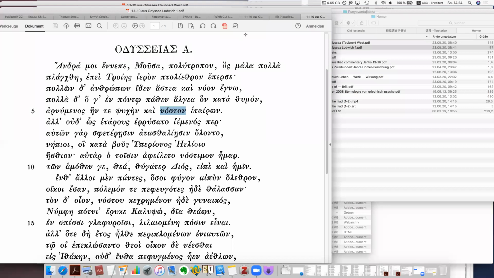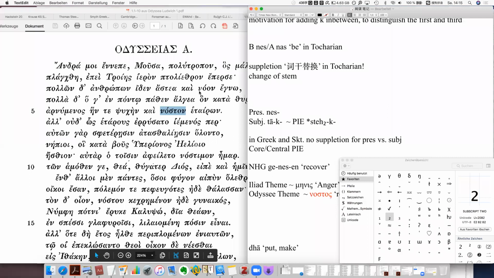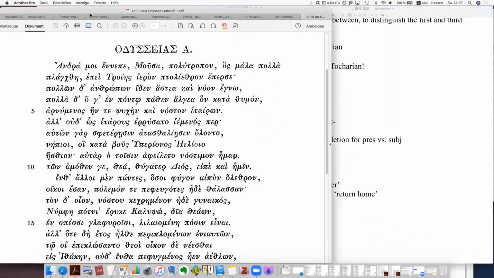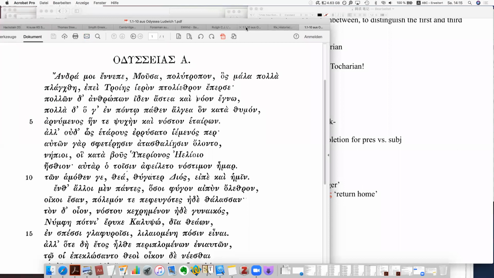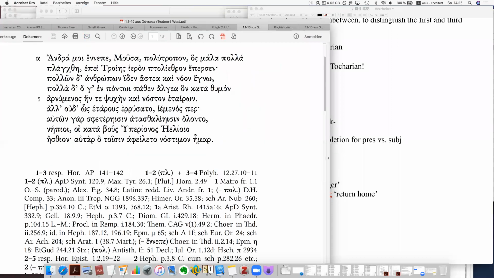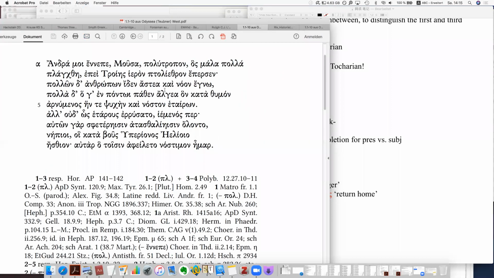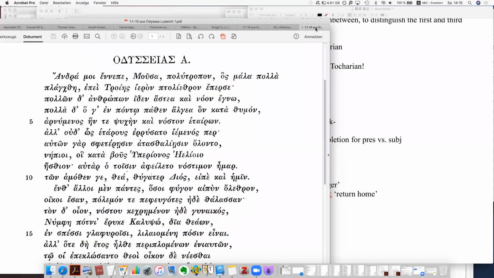Okay, so we are going to read this. And I make a note here. Which one do you prefer, this one by Ludwich or this one by Martin West? Which font do you prefer? This one is a newly typeset Teubner.